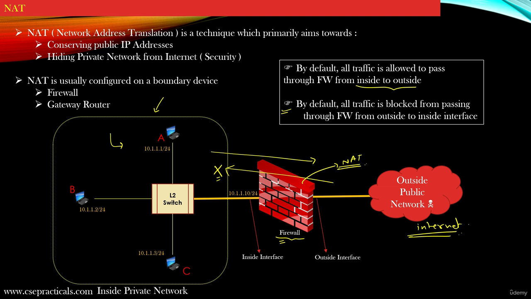So for that, specialized devices called firewalls have been implemented, and network address translation is one of the tools implemented on these firewall devices, which helps achieve two primary objectives: conserving public IP addresses and hiding the private network from the internet. Right?